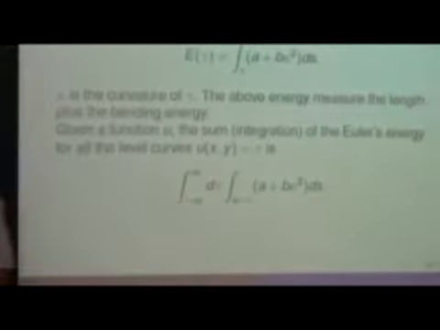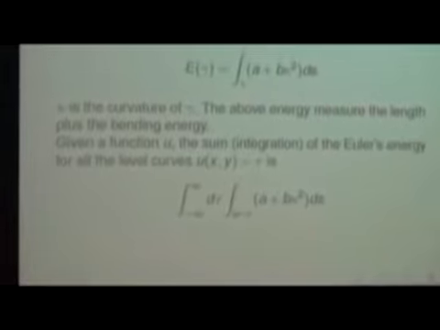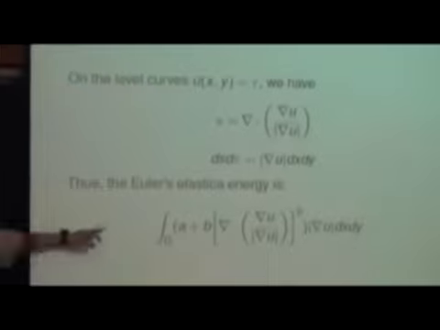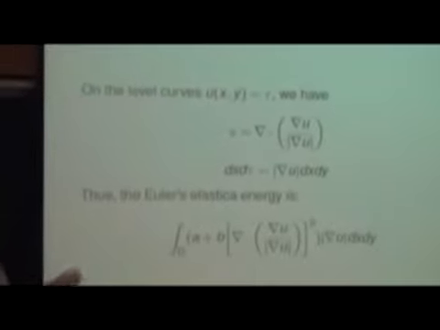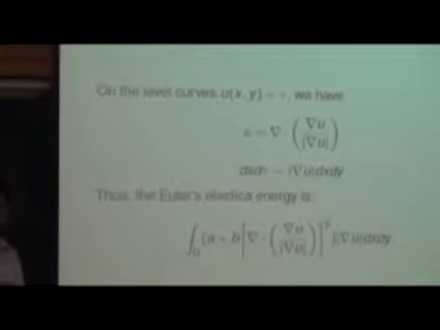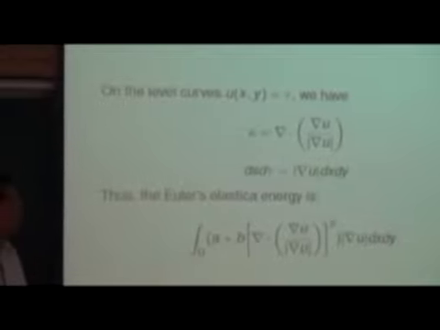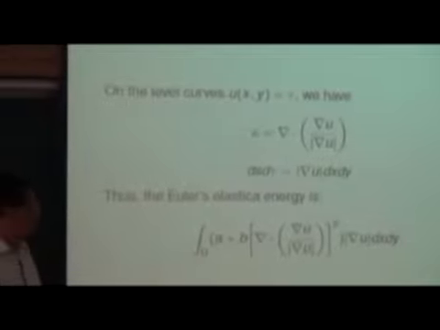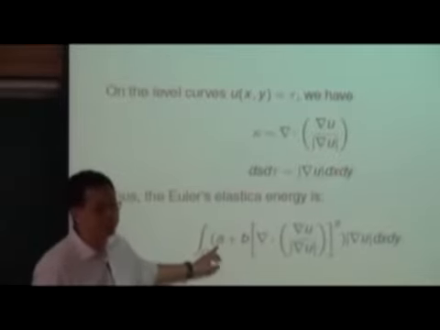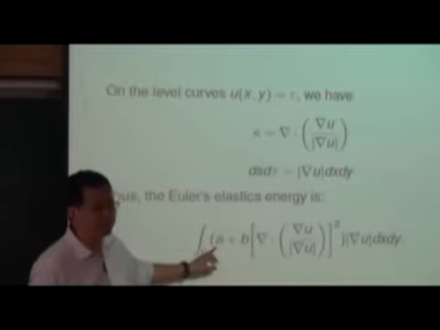You put this one as g, and use this formula, and so this becomes the total elastica of all the level curves. So you integrate the elastica of all the different level curves. So if b equal to 0, this reduces to the TV, the total variation.